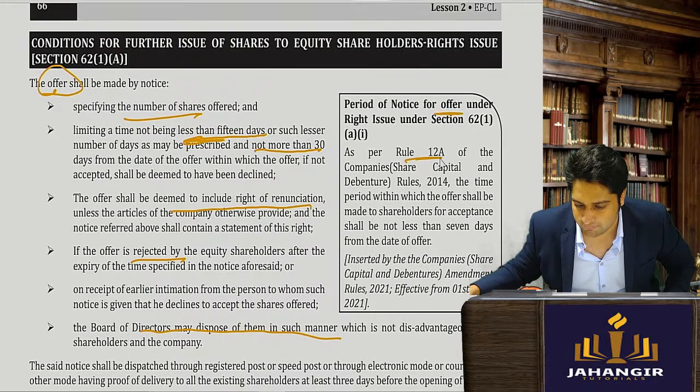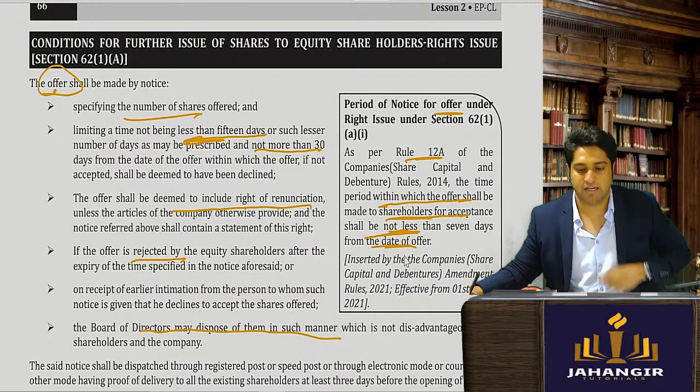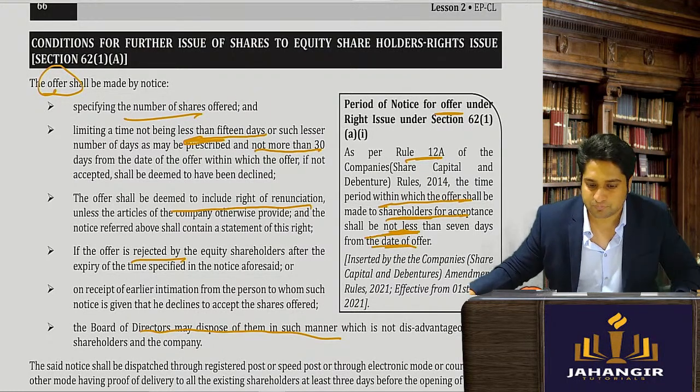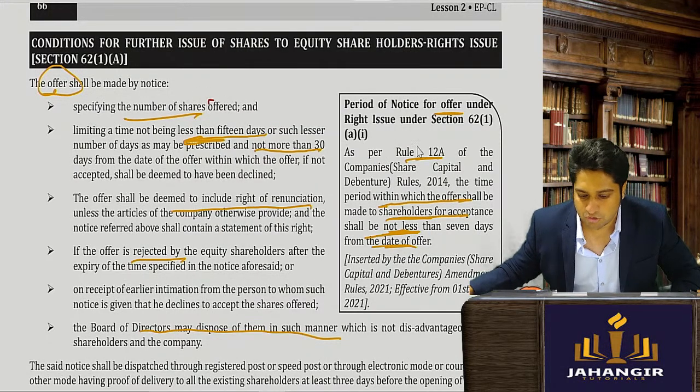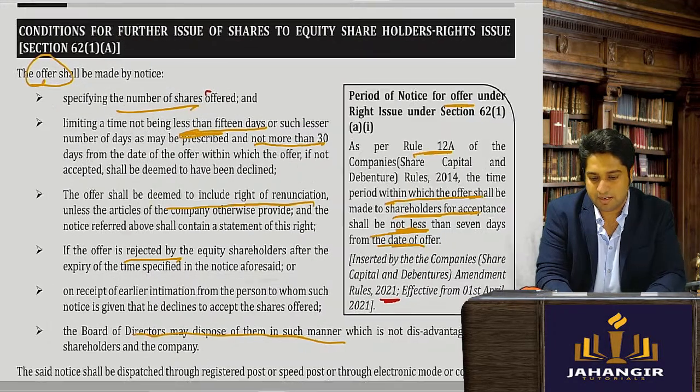Now, period of notice of offer. As per rule 12A, the time period within which the offer shall be made to the shareholders for acceptance shall not be less than 7 days from the date of offer. So it has been inserted by the 2021 amendment.